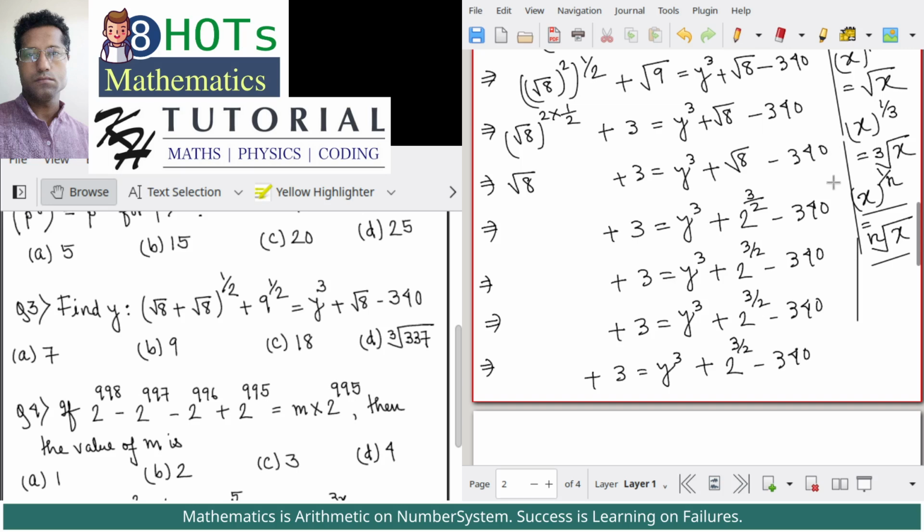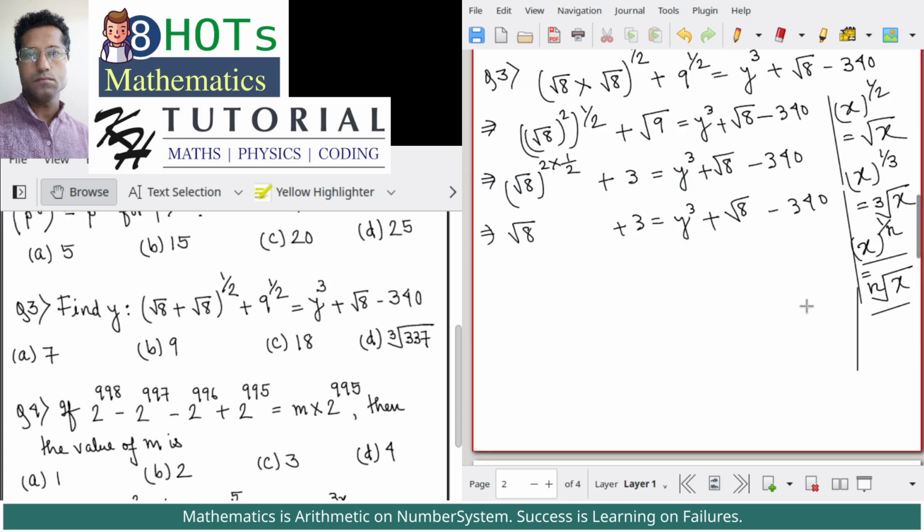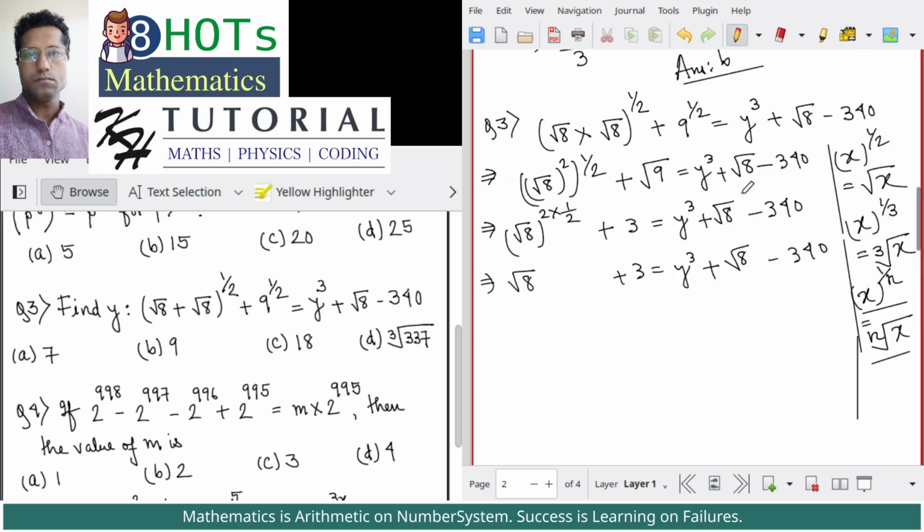Okay, I have to delete a lot of part. So as you can see, square root of 8 gets cancelled out from both the sides, and we are having 343.